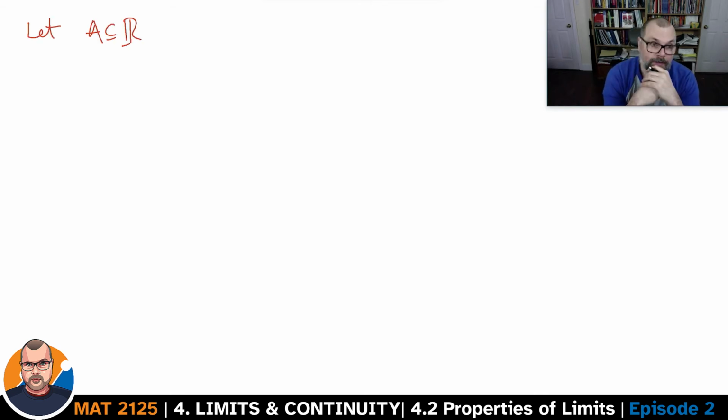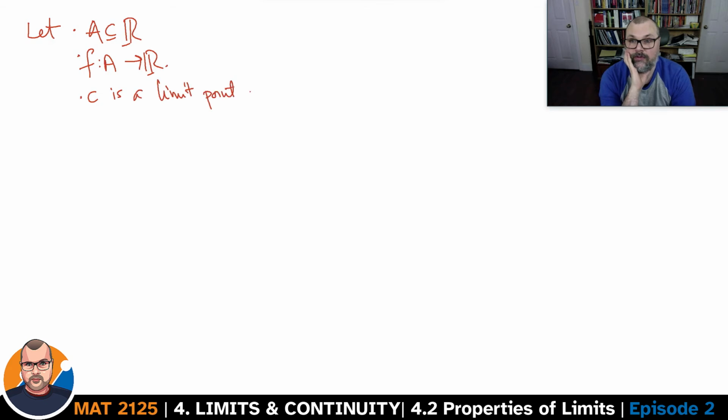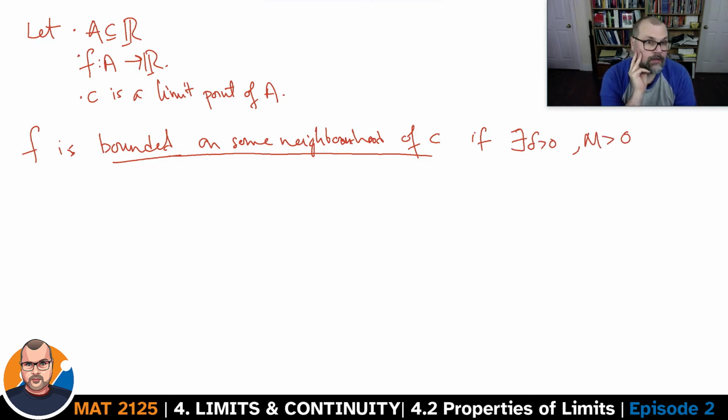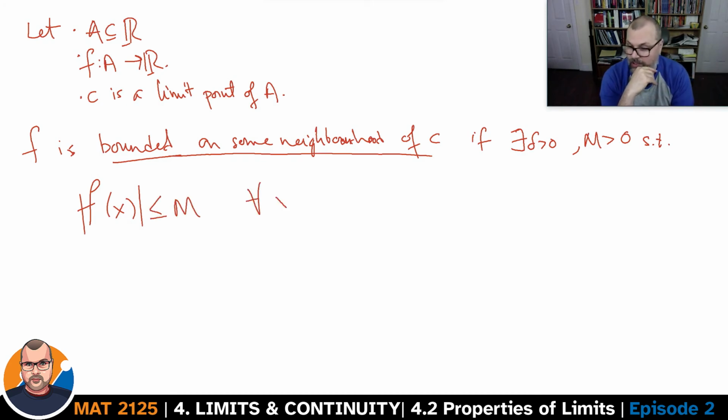So A is some subset of R, F is a function from A to R, and C is a limit point. F is bounded on some neighborhood of C if you can find a delta positive and a constant M also positive, such that the value of the function in absolute value is smaller than or equal to M for every x in the intersection of A with the neighborhood.